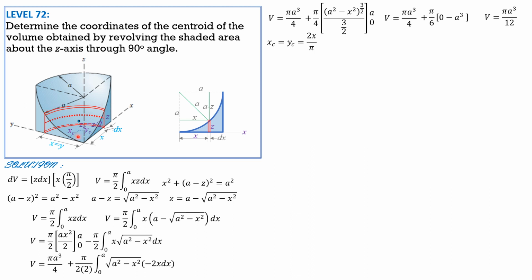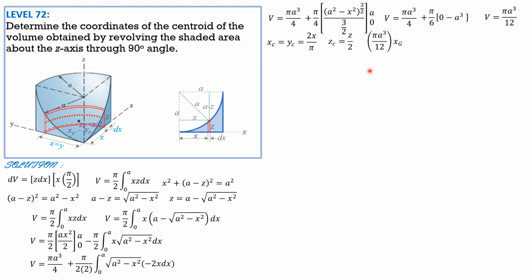So the centroid of the arc is 2 times radius over pi. In this case, the radius is x, which is equal to y, so x sub c equals y sub c, 2x over pi or 2y over pi. Substitute, while g sub c is z over 2 only.